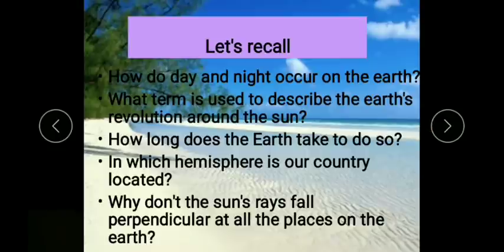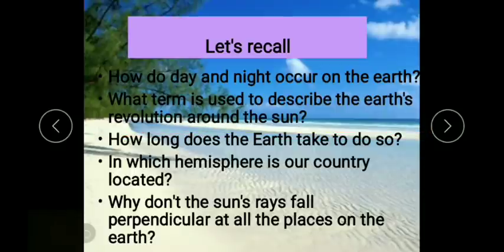So when the earth is spherical, the rays of the sun cannot fall perpendicular at all places. The part right in front of the sun gets perpendicular sun rays, but as it goes towards the pole, the rays are slanting. The reason is the spherical shape of the earth.